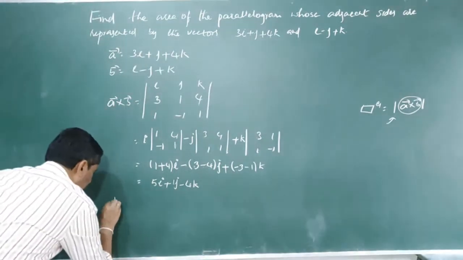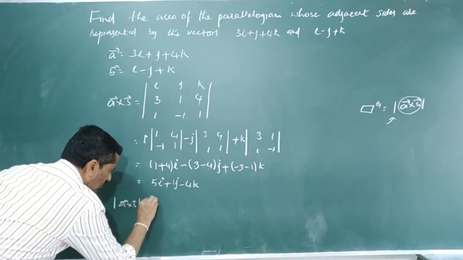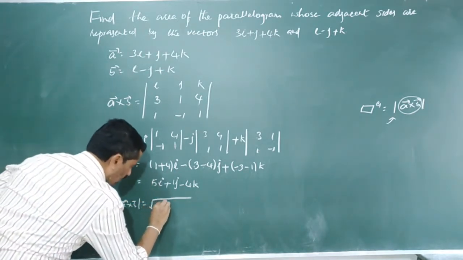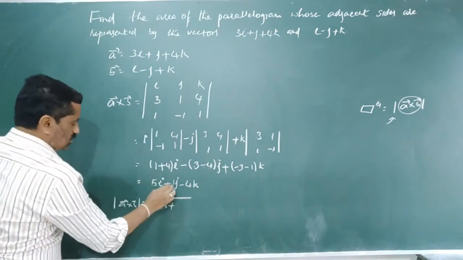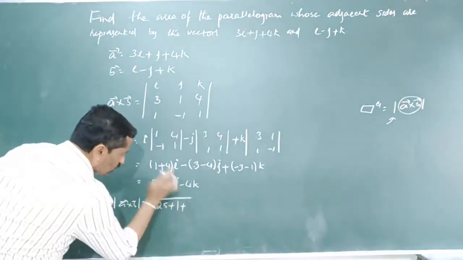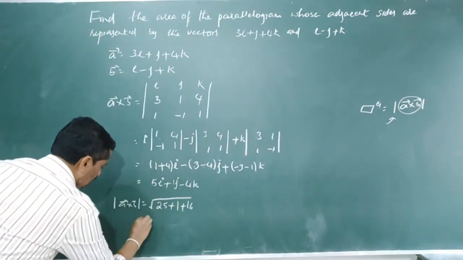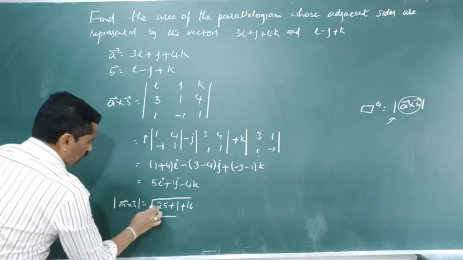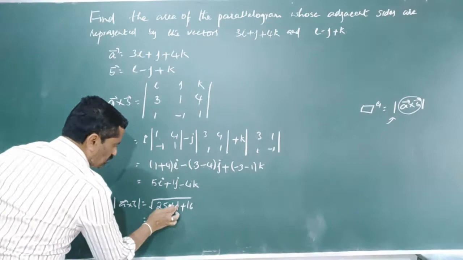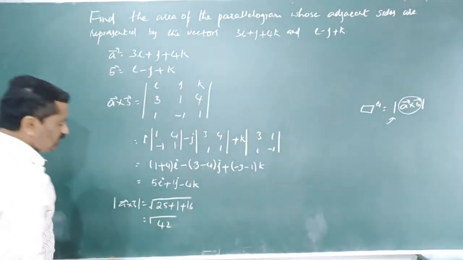The magnitude of a bar cross b bar is equal to the square root of 5 square, that is 25, plus 1 square, 1, plus minus 4 whole square, 16. Again that is equal to the square root of 25 plus 1, 26, 26 plus 16, 42.